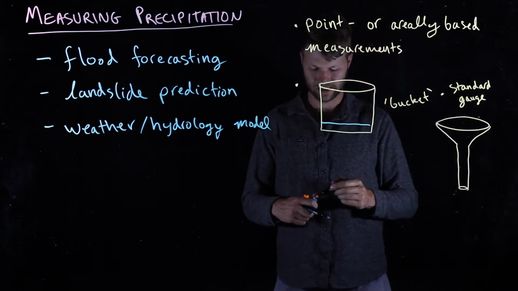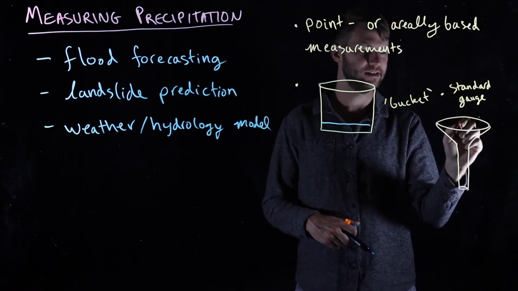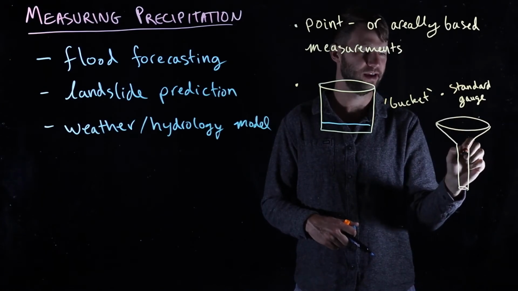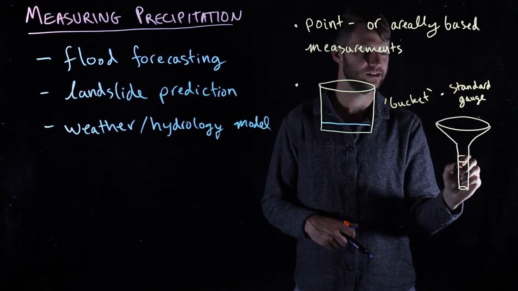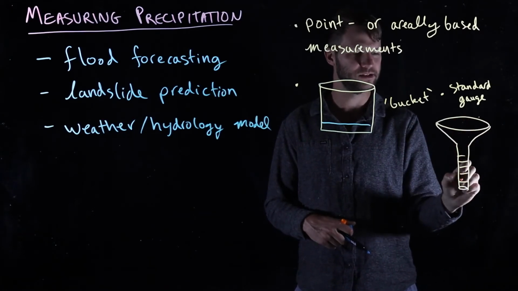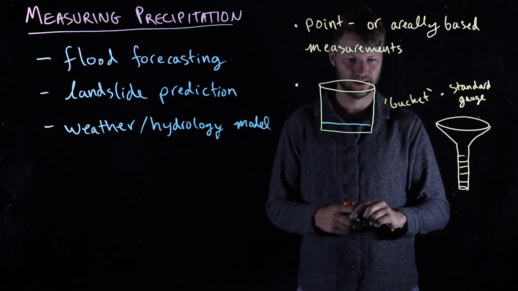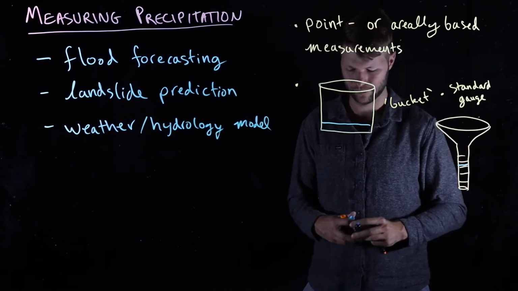The reason this is slightly better is because this opening is usually about 10 times the area of the graduated part of the cylinder, but it amplifies the amount of rain that falls and enables a greater measurement precision. So you can walk right up to this and read the water level in here with a fair amount of accuracy.